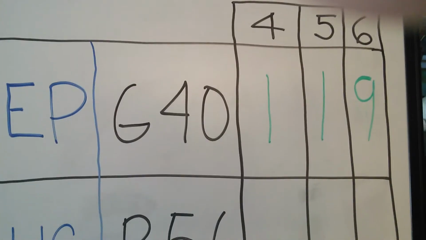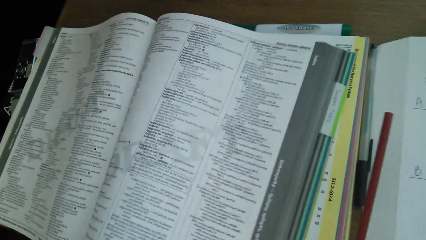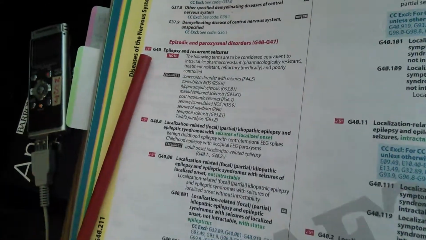All right. Now we're just going to check it in the tabular list. We start with G40. Here we go, G40. And then 1, then 0.1. Where's 0.1? Here we go.